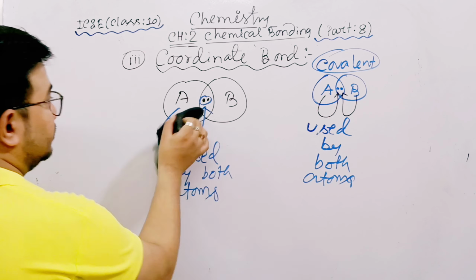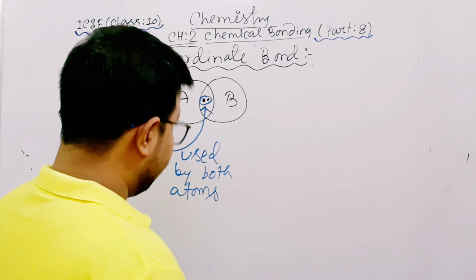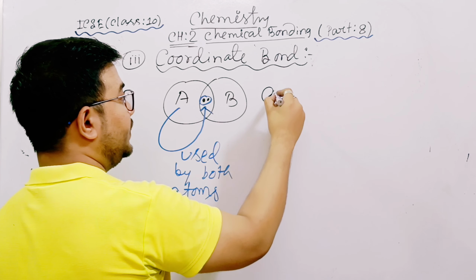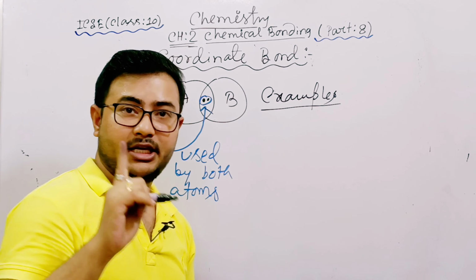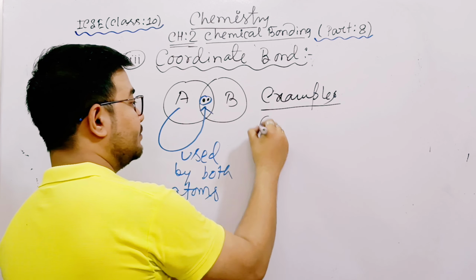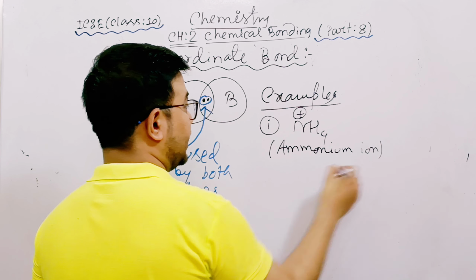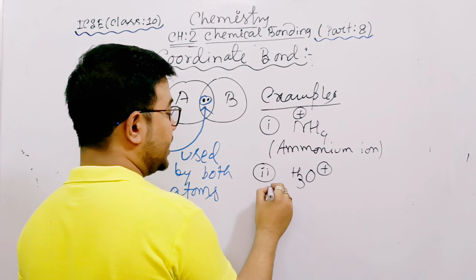Now this covalent compound part is already done, so I will rub it. Examples, very important examples for our board. Keep in your mind just two examples for our board. First example is NH4+, the ammonium ion, and second is H3O+, the hydronium ion.